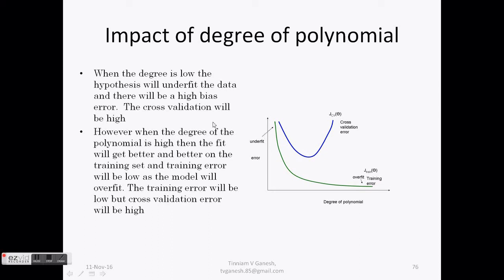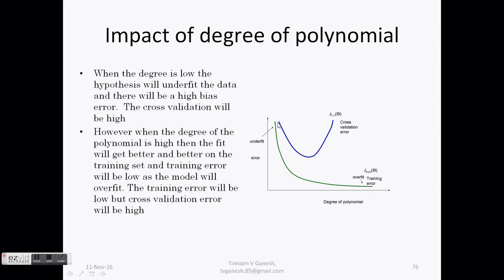But as you increase the order of the polynomial, you make it quadratic, cubic, and it'll fit the data points better and better. In fact, as you increase the degree of the polynomial, it'll do so well that your training error will come very low, but actually the line will tend to become very squiggly, and it will not generalize.